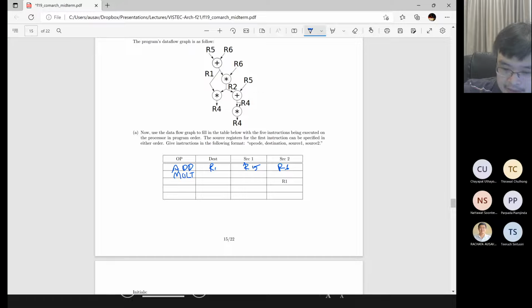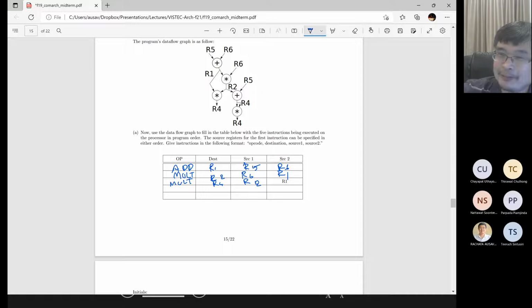So let's pick the R6 multiply with R1, you get R2 back. And the second multiply would multiply R1 and R2 here, and then you get R4 as a result. You know that the second multiply comes after the first multiply for sure, because it has to wait for R2 as an output of the first multiply.